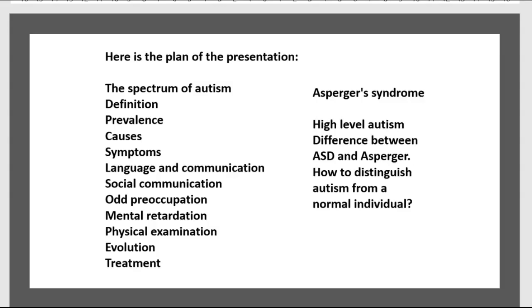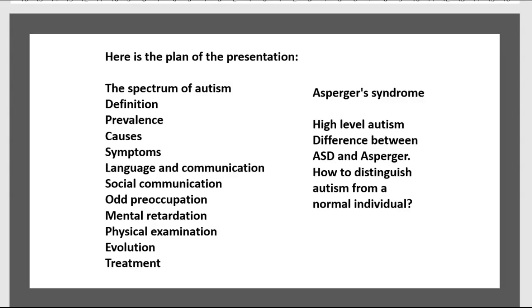The spectrum of autism: definition, prevalence, cause, symptoms, language and communication, social communication, odd preoccupation, mental retardation, physical examination, evolution, and treatment.